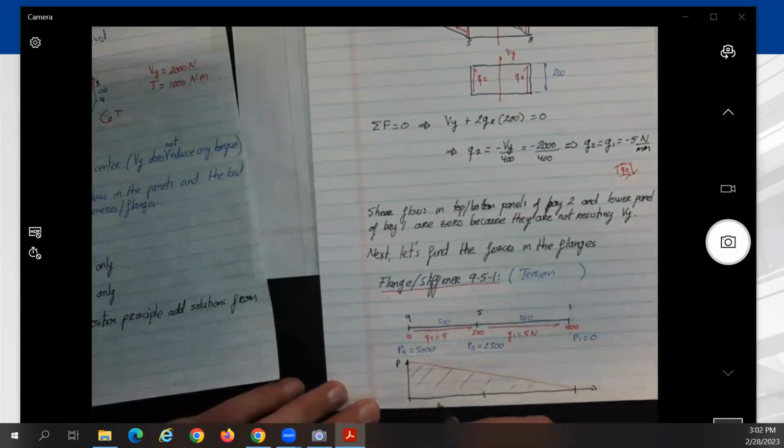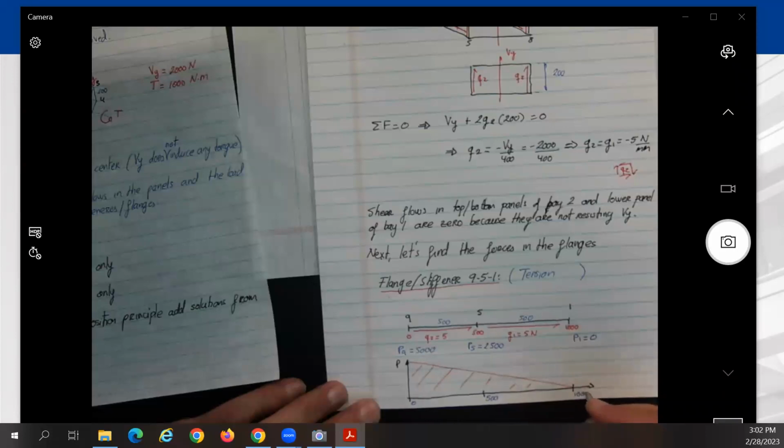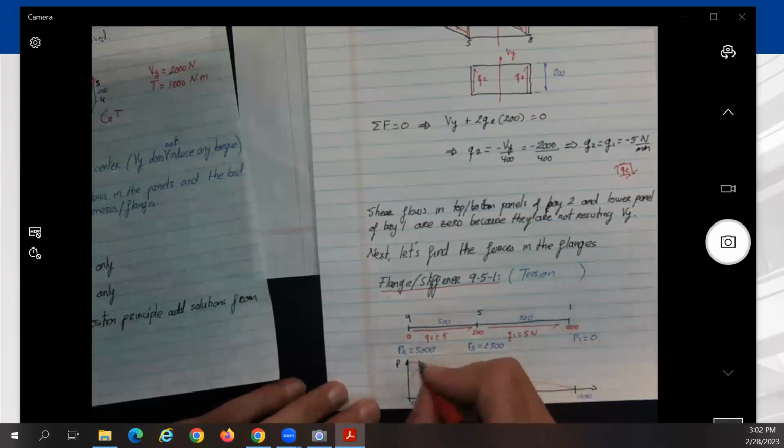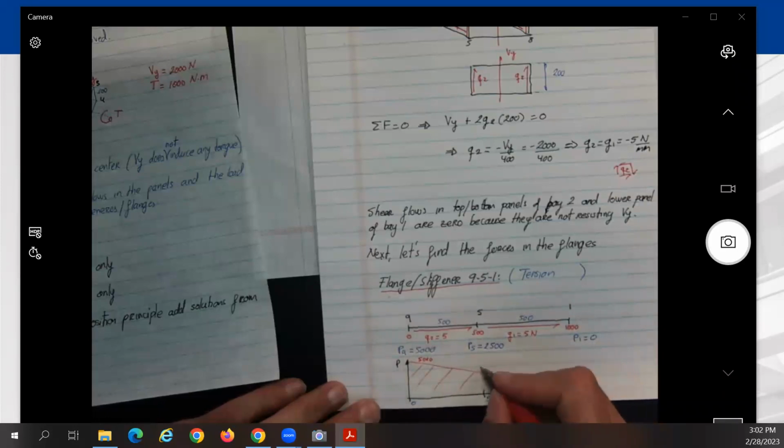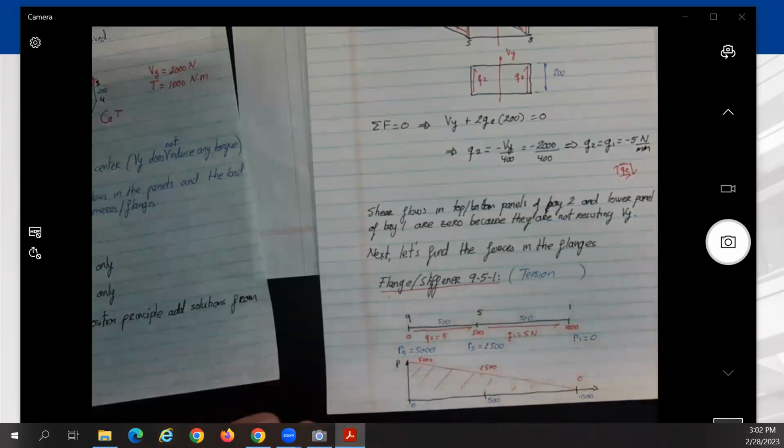It will be at 0, 500, then 2,500, 5,000, and 0.